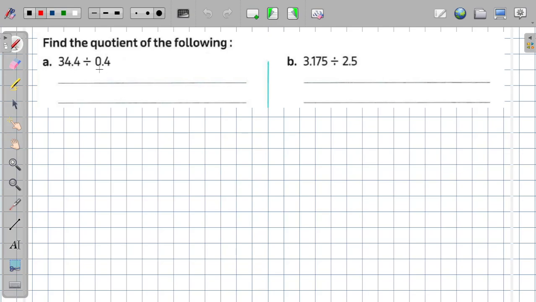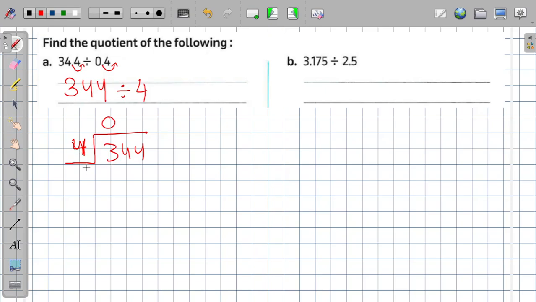I have 34.4 divided by 0.4. Okay, so let's move the decimal point first. One place to the right, one place to the right. Okay, so it will be 344 divided by 4. First, I have 3 divided by 4 equals what? Equals 0, because 3 is less than 4. 3 and I have 4, so 34 divided by 4 equals what?